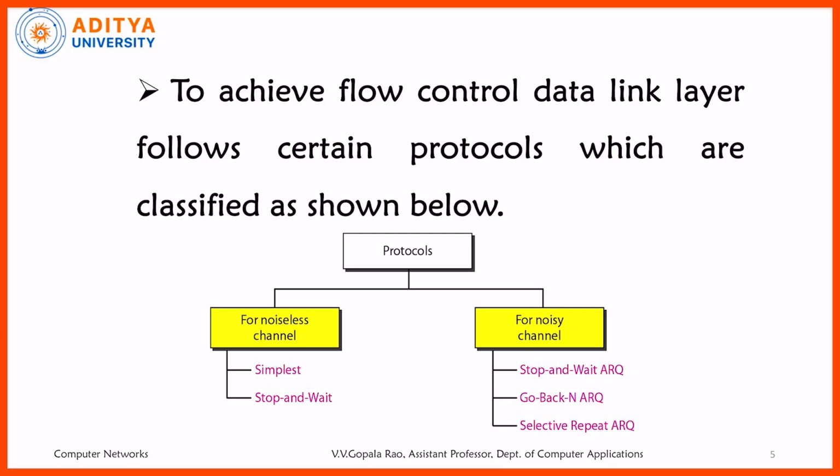There are two types of channels we expect in the data link layer, which is the layer above the physical layer, very close to the channels and their establishment. The channels are classified into two ways: one is called a noiseless channel, and the other is a noisy channel.